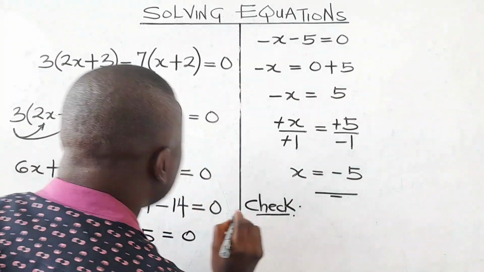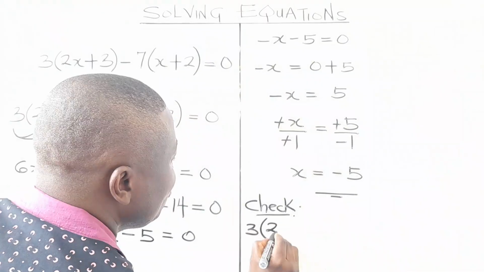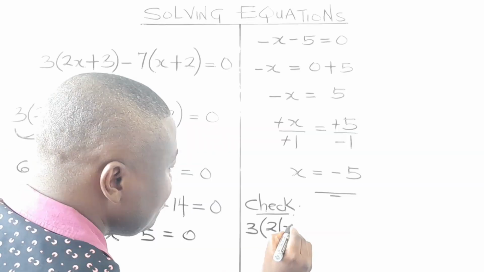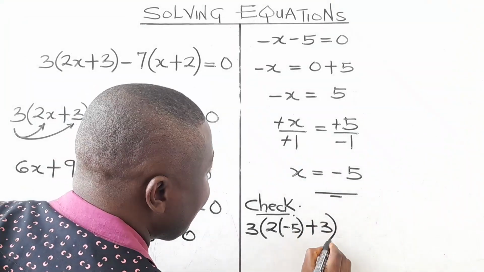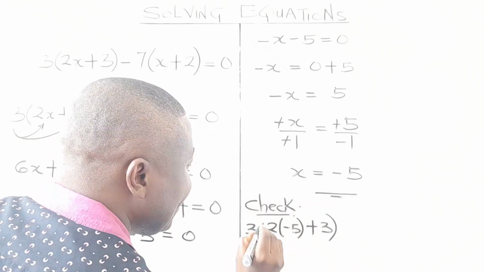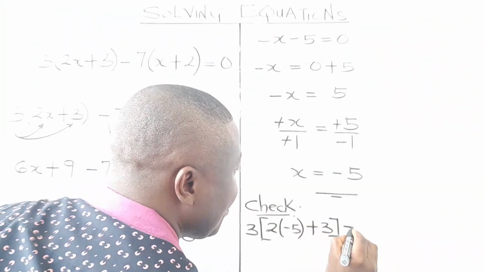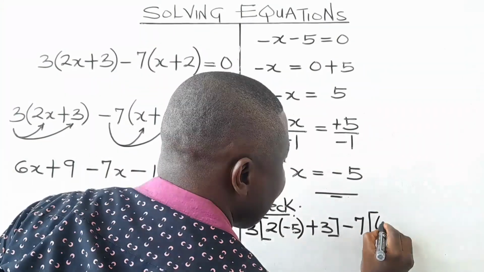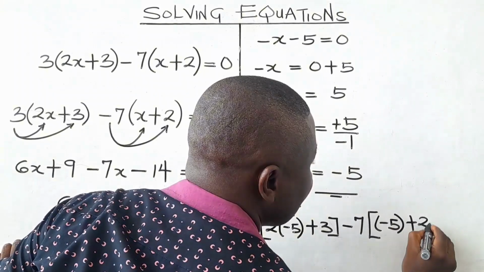Check. This is 3 into bracket 2 is negative 5 plus 3. Okay, let me use a bigger bracket like this, minus 7 times negative 5 plus 2.